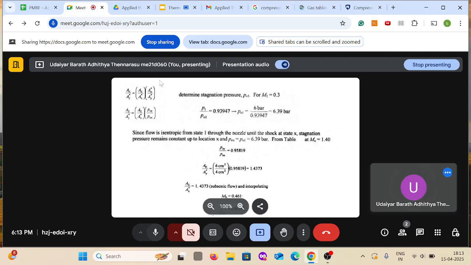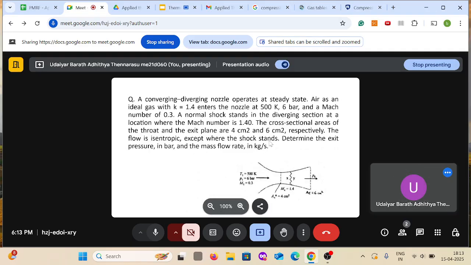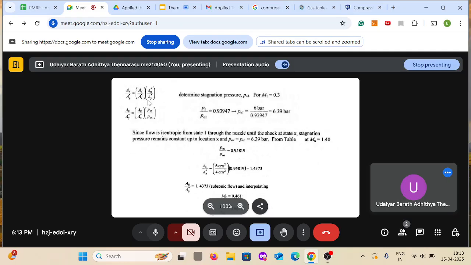So we know exit area by area of the throat, we can write AE by AX into AX by AY, and AE by AY can be written as AE by AX into P naught Y by P naught X. So first is to determine the stagnation pressure for Mach number of 0.3.